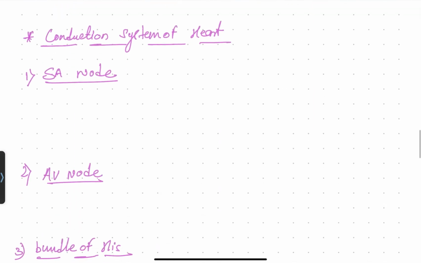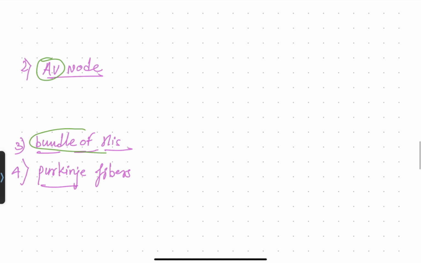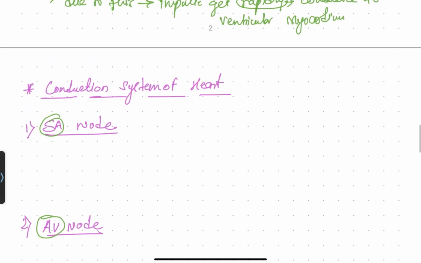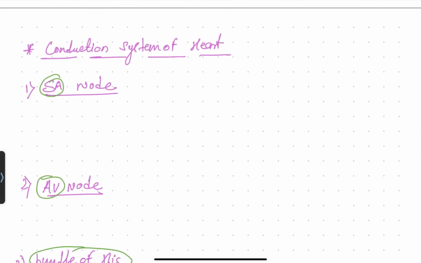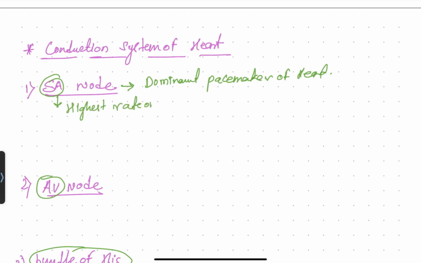Then what we have next is the conduction system of the heart, which consists of the SA node, AV node, bundle of His and the Purkinje fibers. We'll see all of it. So first is the SA node, which is the dominant pacemaker of the heart. Here the highest rate of impulse gets generated.